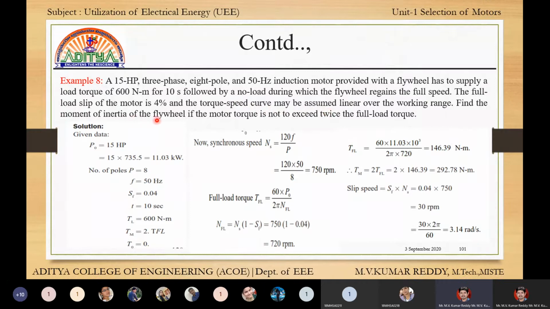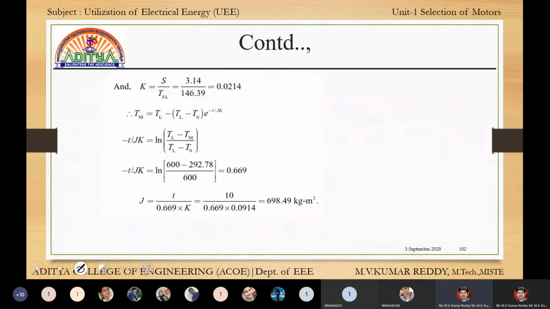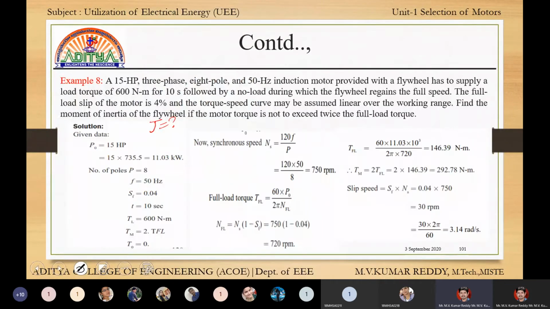Find the moment of inertia of the flywheel. Moment of inertia means J. We have to find the value of J in the term e power minus t by jk.